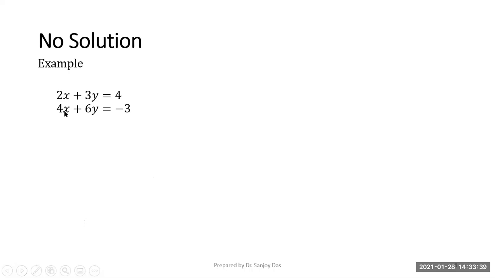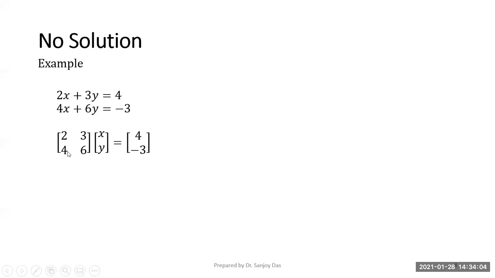The left-hand side of the bottom expression is twice the left-hand side of the top expression, which means that if you multiply this by 2, you would get 4x plus 6y equals 8, right? But the expression wants 4x plus 6y to be -3, not 8. That's impossible, right?